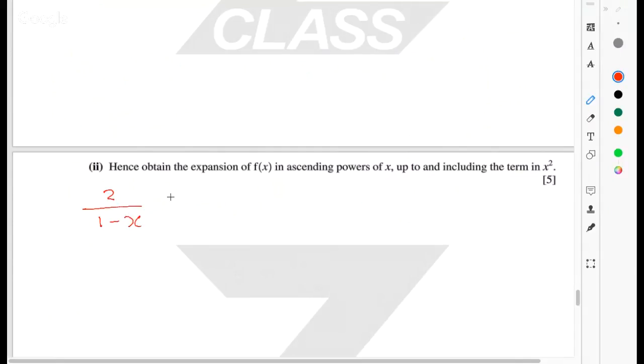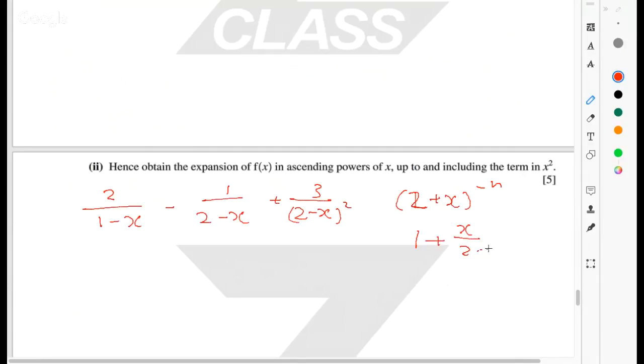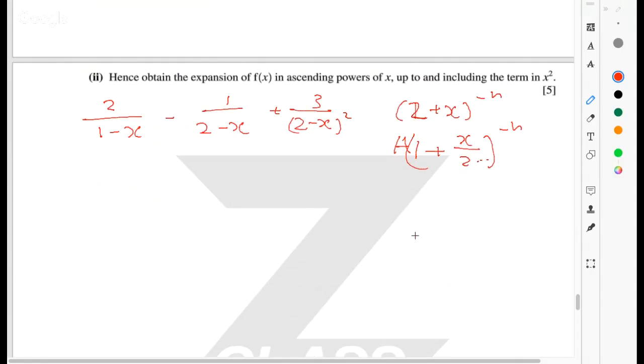So you have 2 over 1 minus x, minus 1 over 2 minus x, plus 3 over 2 minus x squared. The really important thing here is that when you have the negative power expansion, like 2 plus x to the power of minus n, you need a 1 in there pretty much. So you want to change that into 1 plus x over something to the power of minus n, times a constant. Let's see how that works in practice.